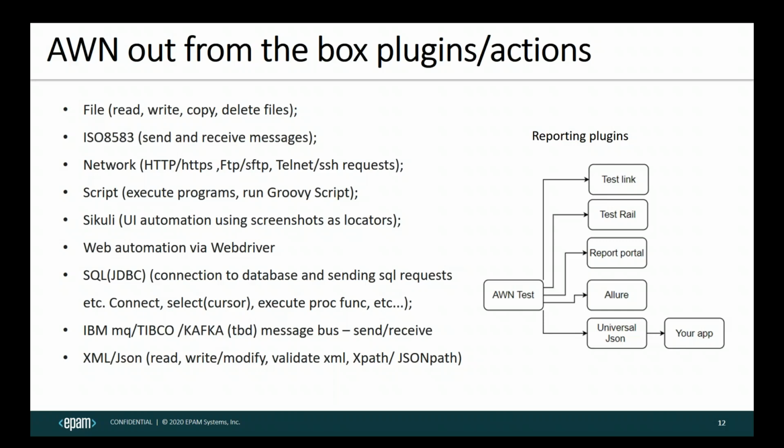Also, results reporting is implemented as a plugin too. We already cover some of the most used reporting systems, but if you need to report to some other system, it is easy to implement. We have a universal JSON output with test data, checks, validation statuses, variables, and so on, and it can be easily converted to your desired reporting format.